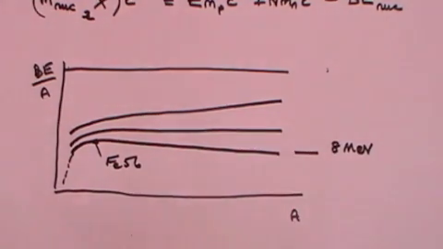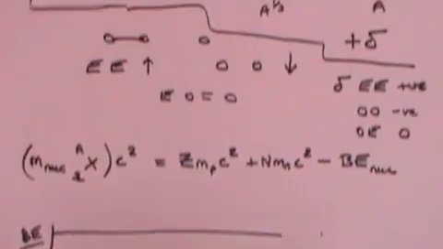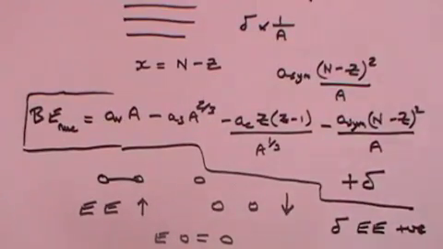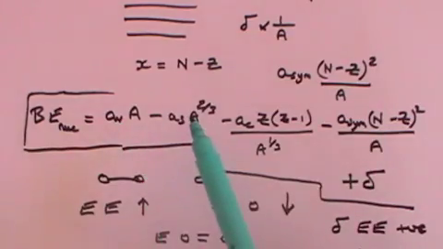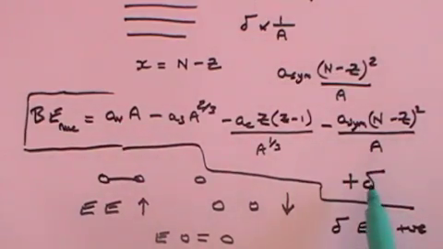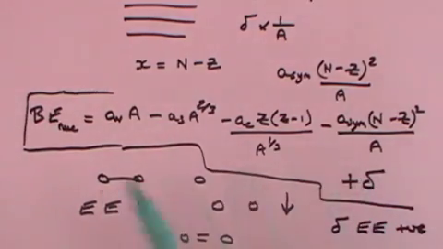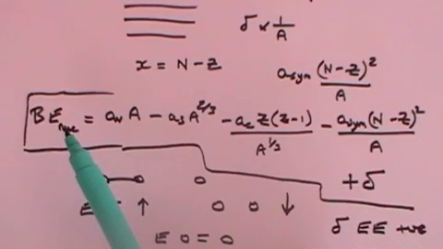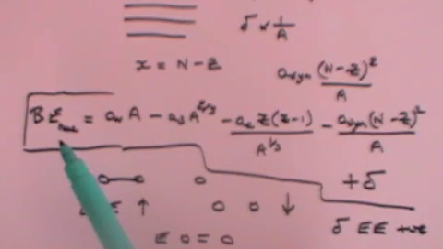Well, this is all very well, but we haven't found the values of the constants AV, AS, AC, Asim and delta. Well, I told you earlier that we can now measure the binding energy of the nucleus by knowing the atomic mass of hydrogen, the mass of a neutron, and the atomic mass of each element.